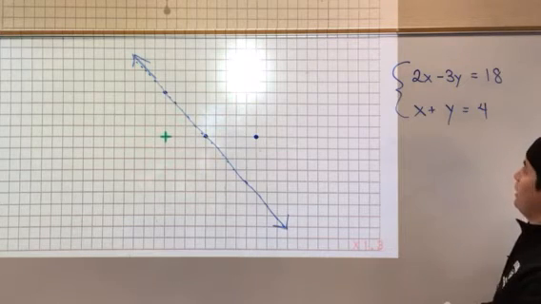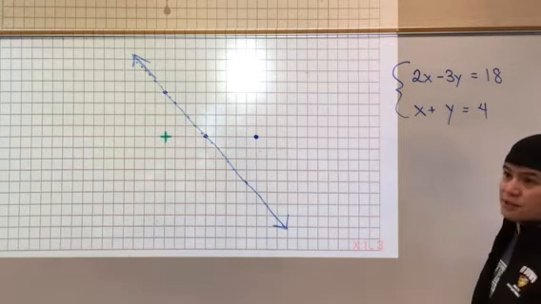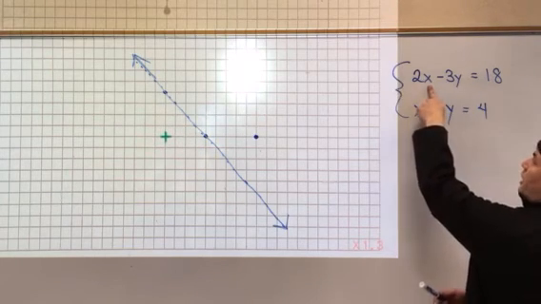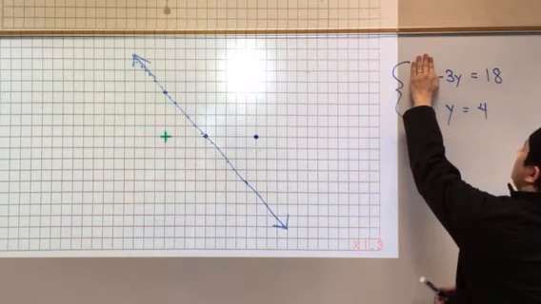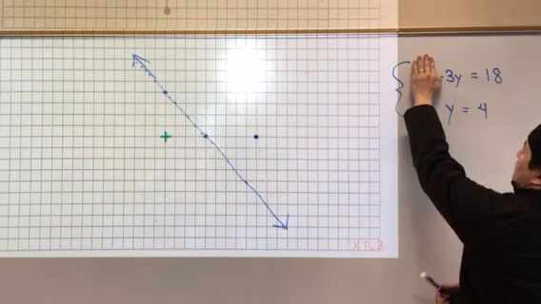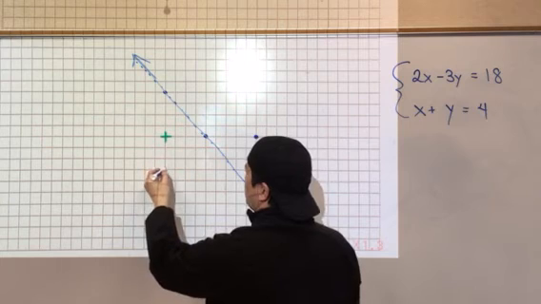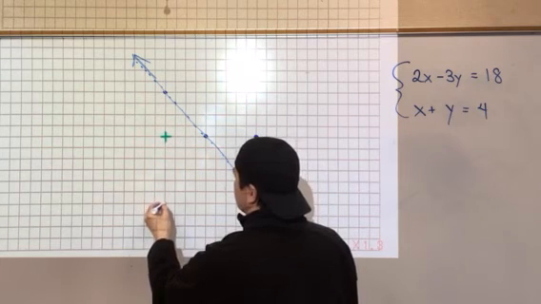When I plug in 0 for x, it will give me the y-intercept. So when I plug in 0 for x, this equals 0. Negative 3y is equal to 18 when y is equal to negative 6. So 1, 2, 3, 4, 5, 6.